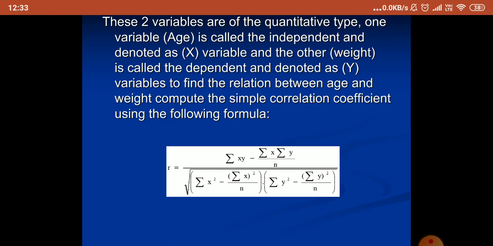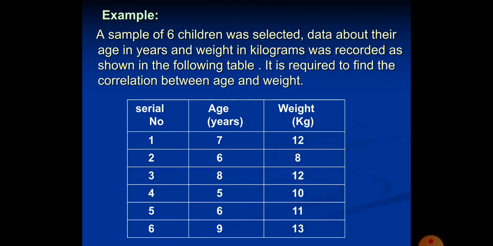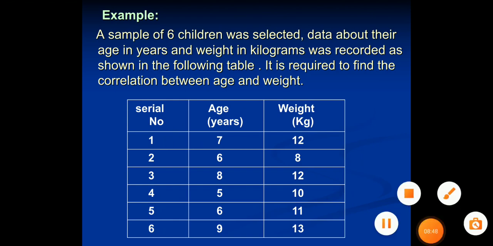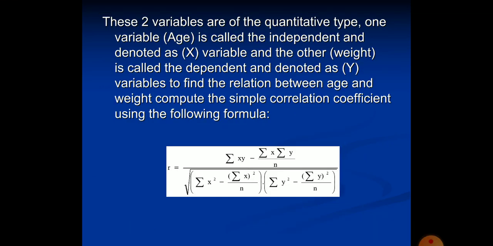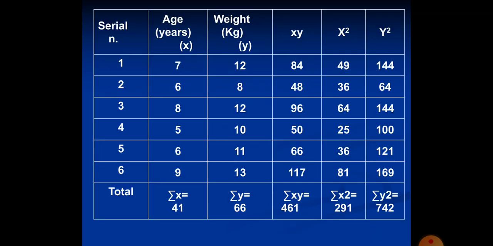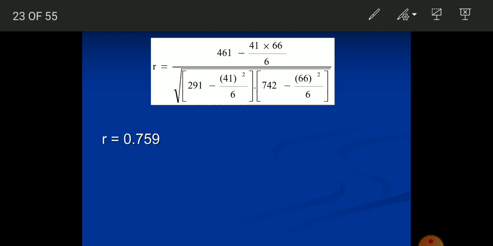So in this case, the question we are doing, we have only 6 values. So here we have n equal to 6 in this case. You put n equal to 6 and the rest of the quantities we will put from here. And after solving this, you can use the calculator to solve this value. You get r equal to this.